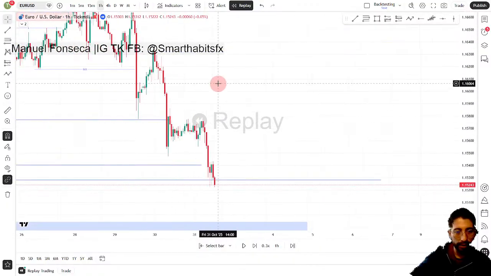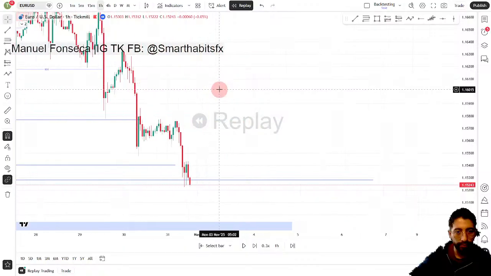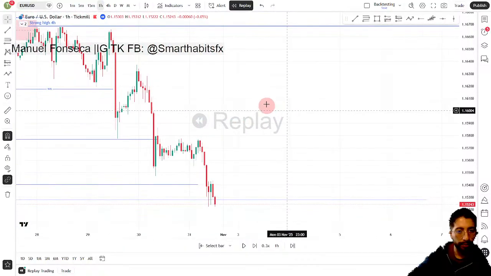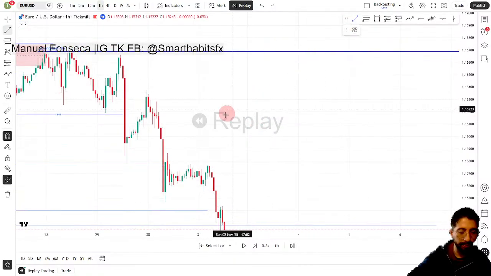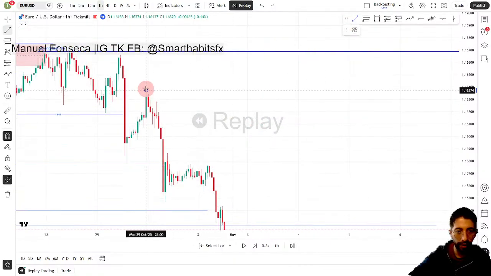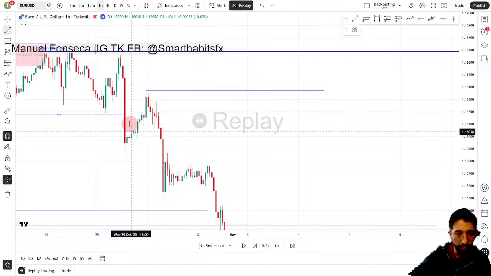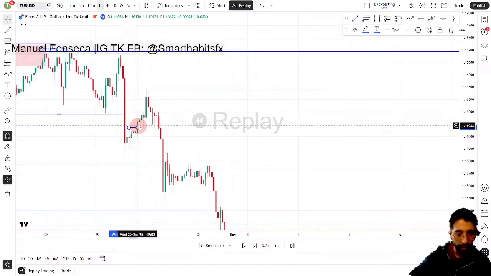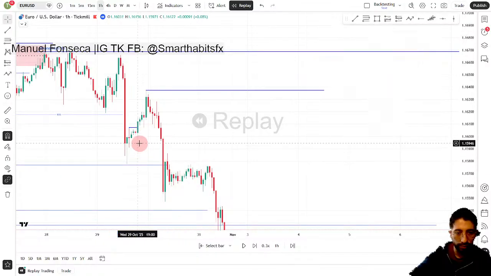Now after this, oh wait, I'm kidding, I'm so sorry. Now this will be the strong high, yes. Why? Look, pay attention to the next. We have here the strong high, perfect, and then we have the liquidity sweep, which is this one could be the liquidity sweep, and then we got the break of structure.